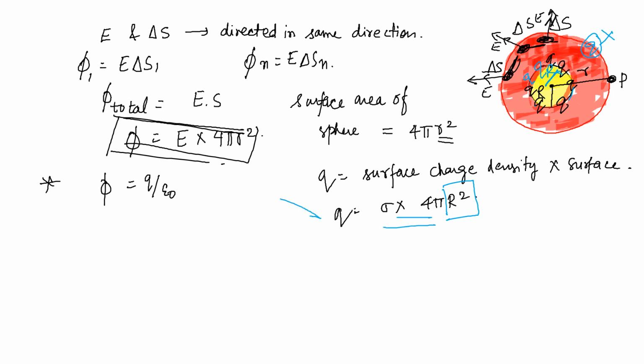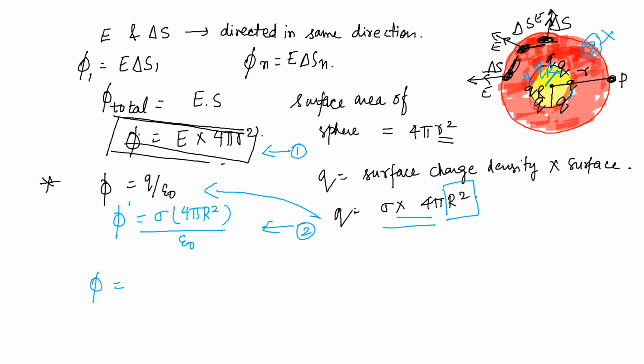We will substitute this value in this equation. So flux equals sigma into 4 pi R square divided by epsilon naught. This is our second equation. This is our first equation. Both give us the value of flux. So flux equals this flux. It will give us E into 4 pi small r square equals sigma into 4 pi capital R square divided by epsilon naught.